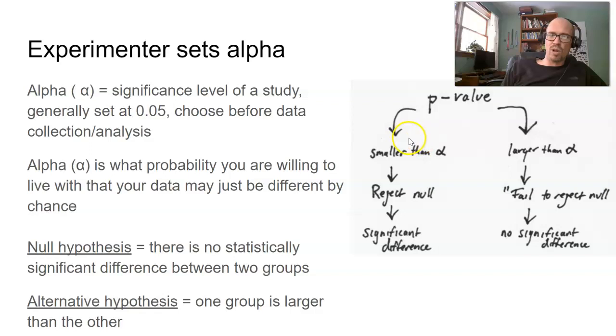If it's smaller than alpha, so less than 0.05, then you're going to reject the null hypothesis and you're going to conclude there is indeed a significant difference. If the p-value is larger than alpha, so anything above 0.05 all the way up to 1, you're going to fail to reject the null hypothesis and conclude that there's no significant difference.